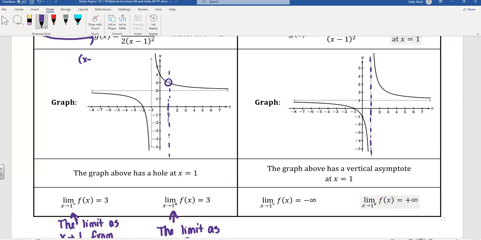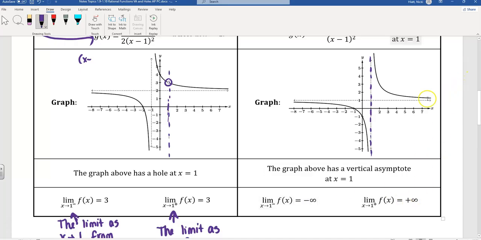We are looking at what happens as we approach from the left. So as I approach that dotted line from the left, what is happening to my y values? They are going down, down, down forever, right? That graph keeps going down. It gets a little closer to the line, but just keeps going down. So I would get negative infinity.